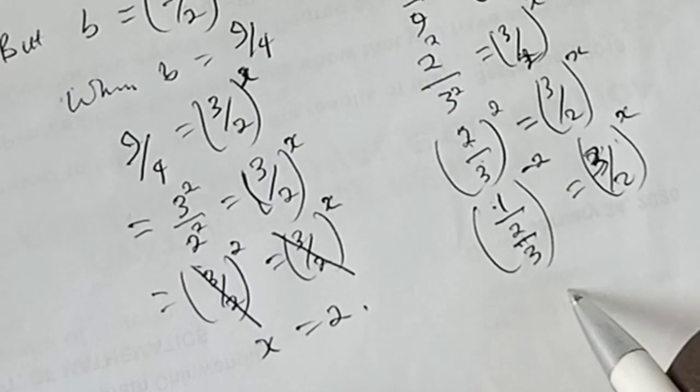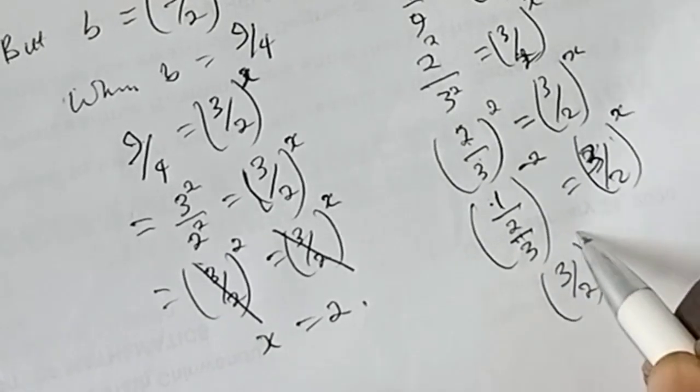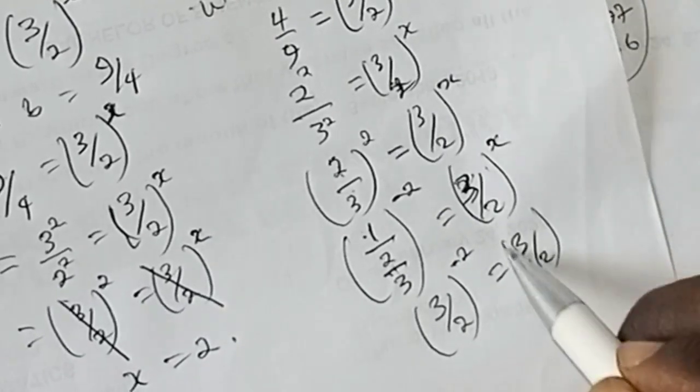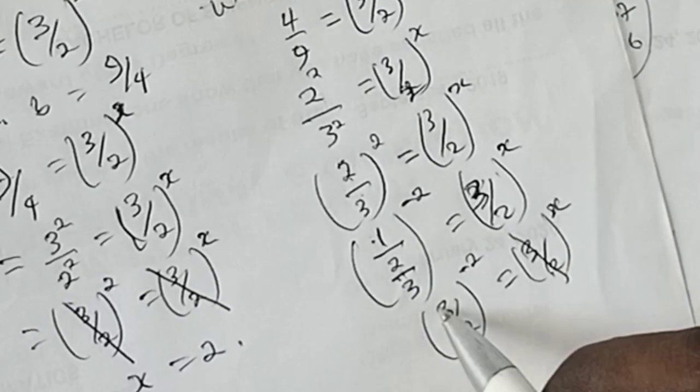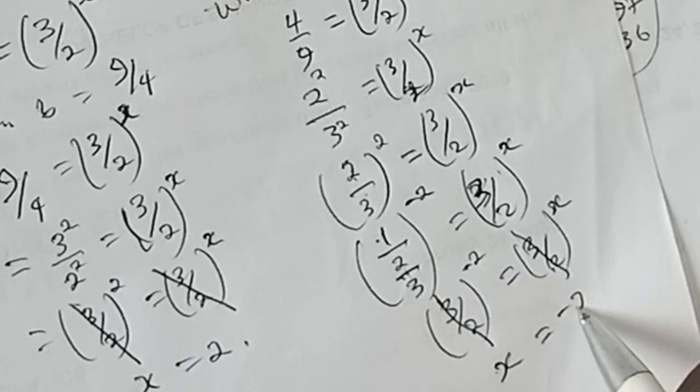And if you solve this, this is actually going to give you 3 over 2 all raised to power minus 2 is equal to 3 over 2 all raised to power x. Since they are now the same, we can cancel the base, and we have that our x is equal to minus 2.